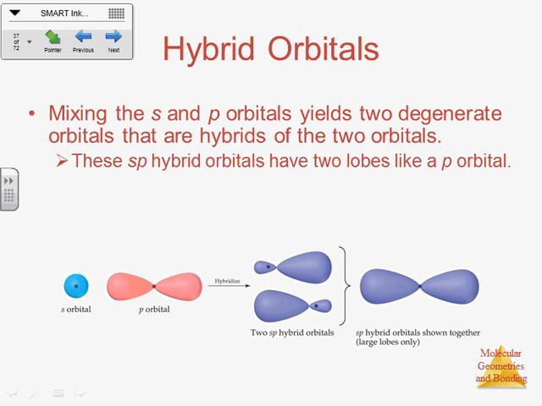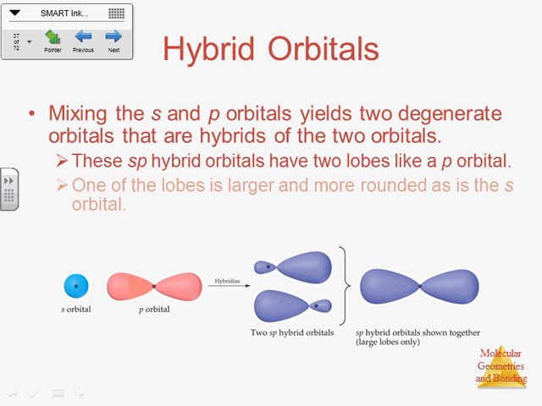And then the theory is that once that promotion happens, the s and the p orbital that are both half full sort of hybridize, okay? And all that means is they blend so that now you have two orbitals that look exactly the same, okay?